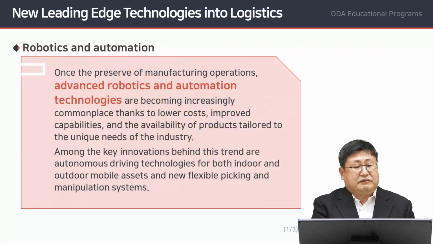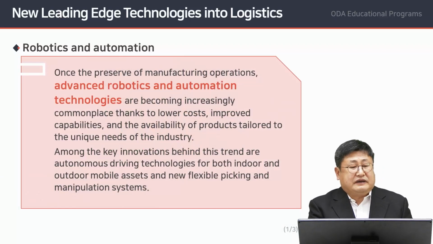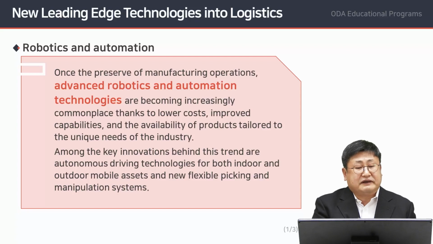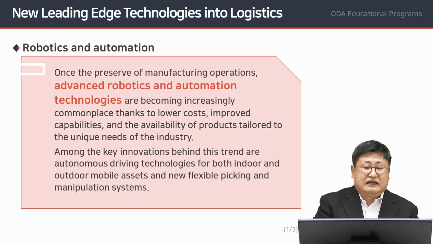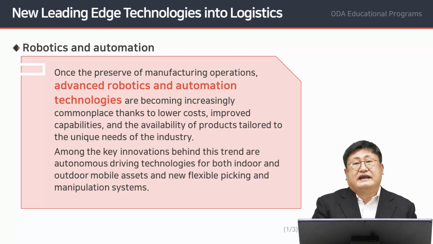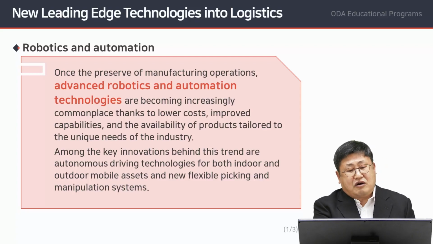And robotics and automation. Once the preserve of manufacturing operations, advanced robotics and automation technology are becoming increasingly commonplace, thanks to lower cost, improved capability, and the availability of products tailored to the unique needs of the industry.